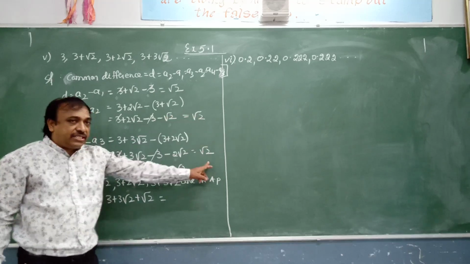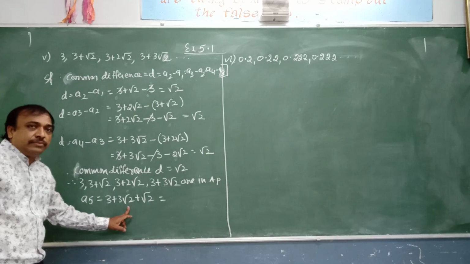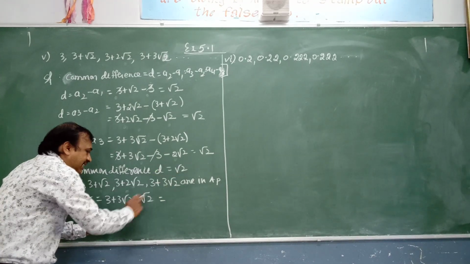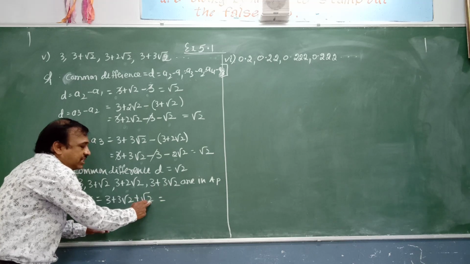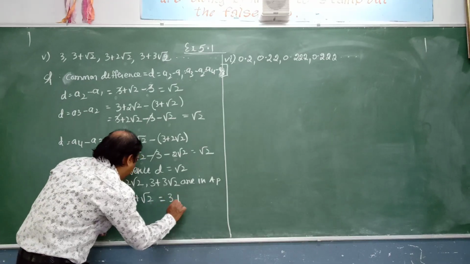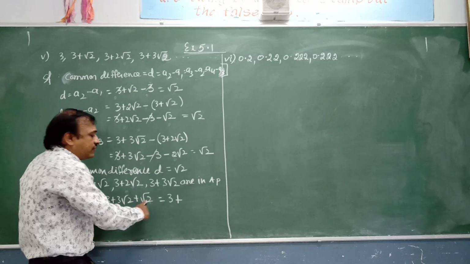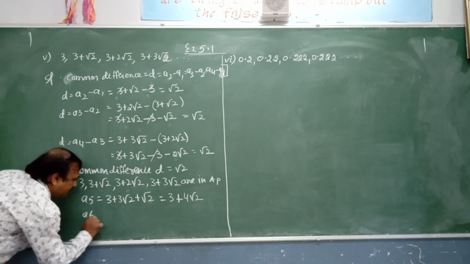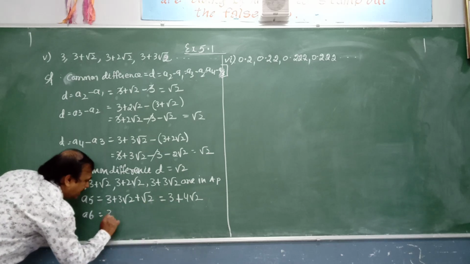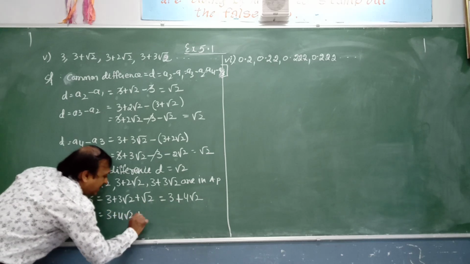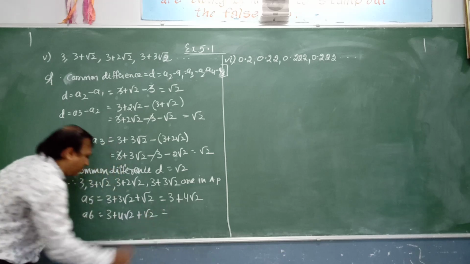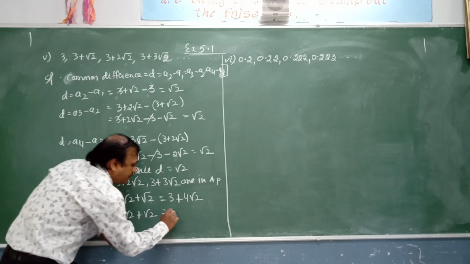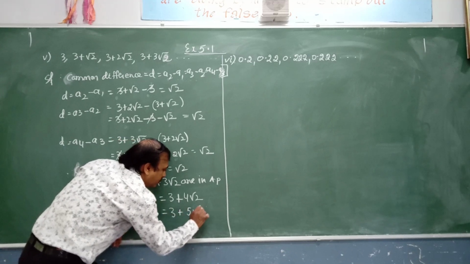This is the common difference. So 3 plus 3 root 2 plus root 2, the previous term and the common difference. Adding, 3 plus 3 times root 2 plus 1 time root 2 is 4 times root 2. Next a6 is 3 plus 4 root 2 plus the common difference root 2, so 3 plus 5 times root 2.